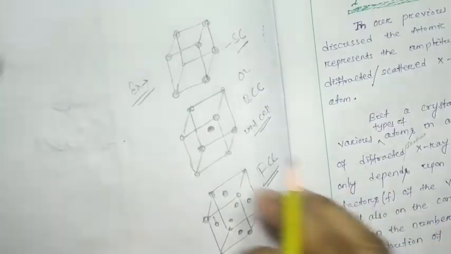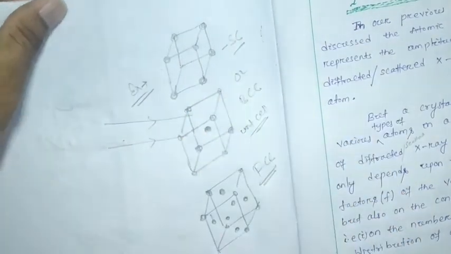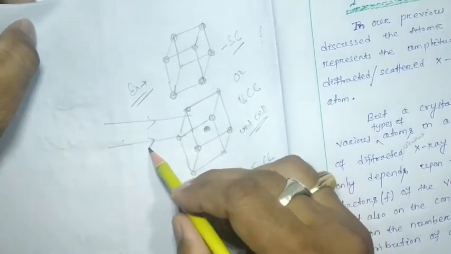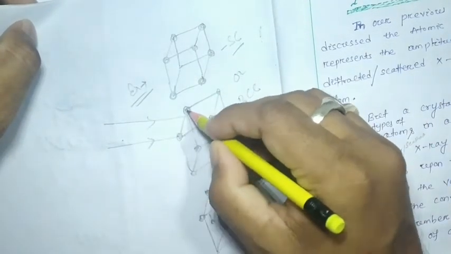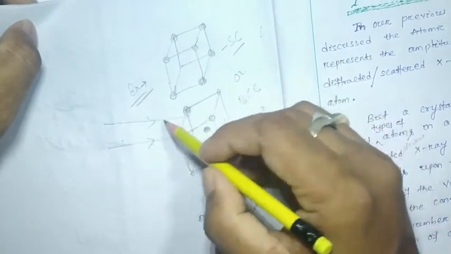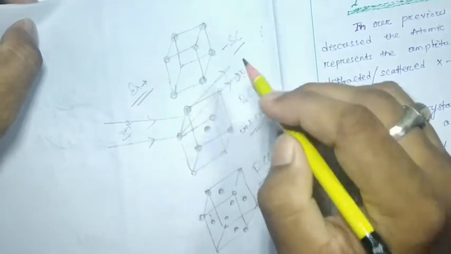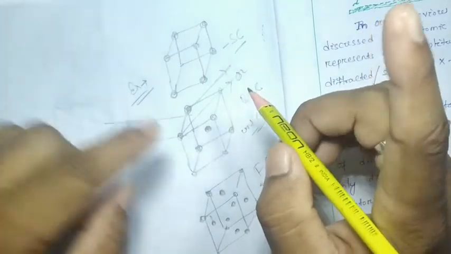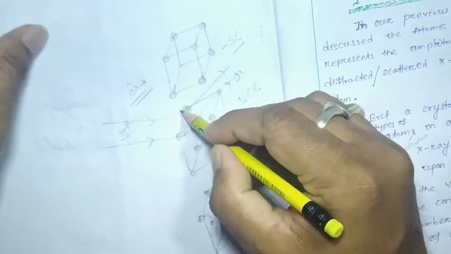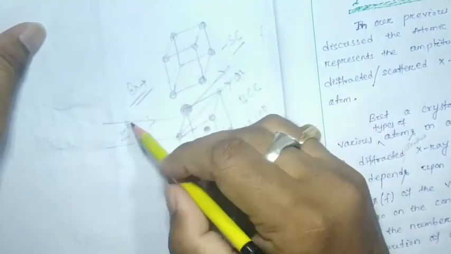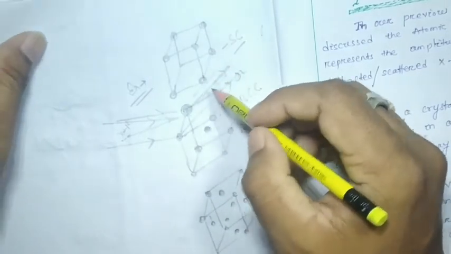Suppose we consider the body center cubic. Suppose X-ray is incident over this unit cell. If we consider only the atomic scattering factor, then we consider only one atom, and how much that one atom diffracts the X-ray.